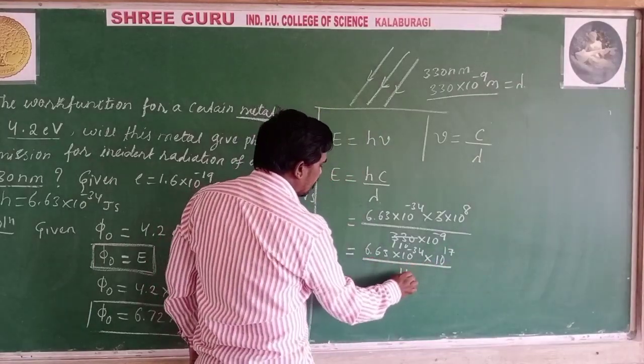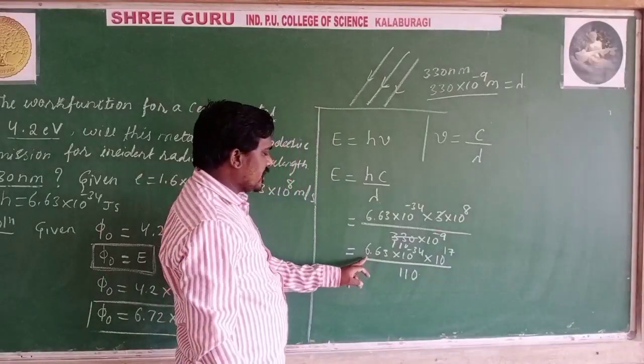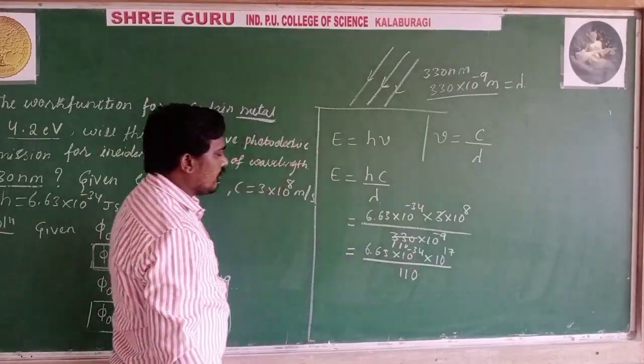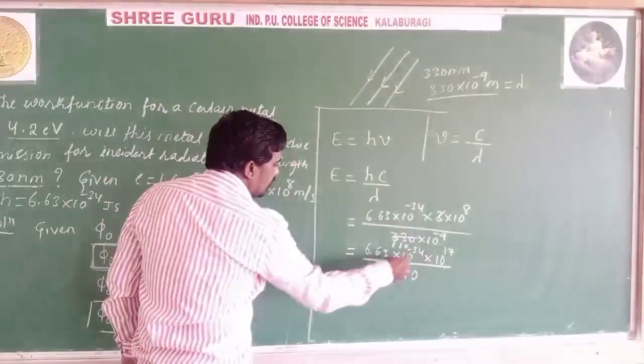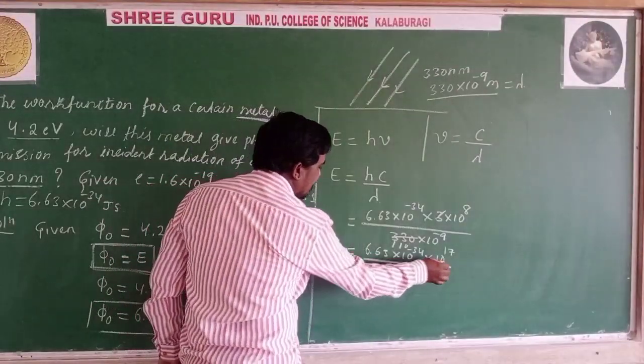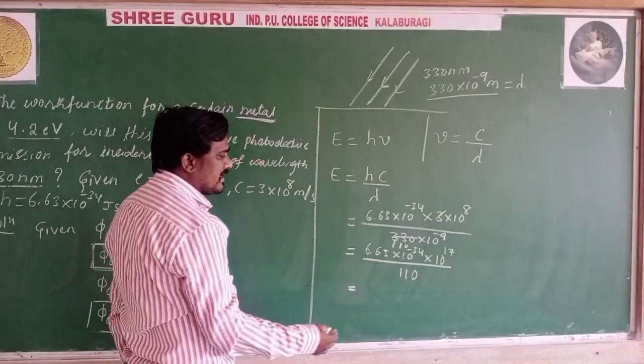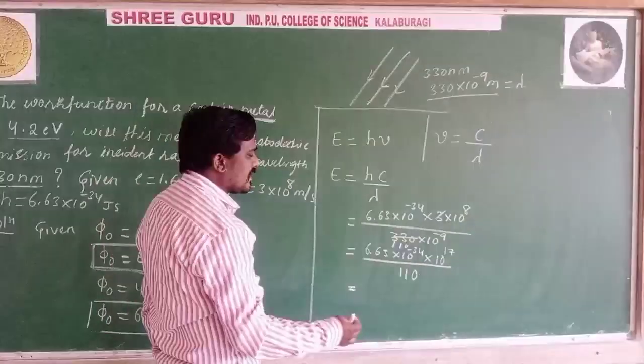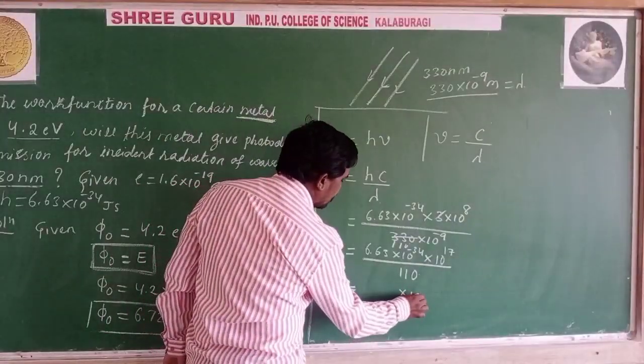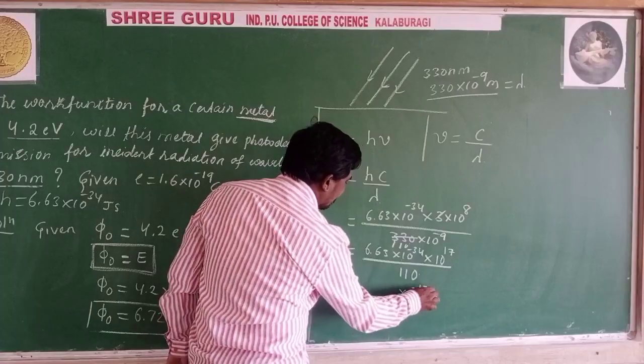Divided by 110. You divide 6.63 by 110, and the bases are the same, so the power is minus 34 plus 17, that is 10 to the power minus 17.